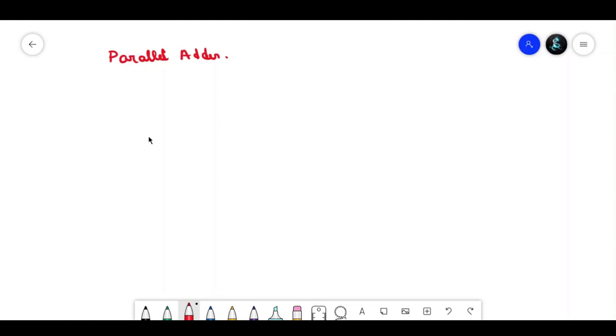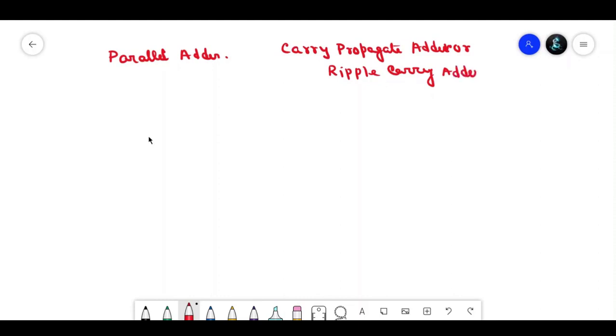Then we will do first the carry propagate adder or ripple carry adder. Carry propagate adder or ripple carry adder. This is the first type of parallel adder, and the second one is the carry look ahead adder.